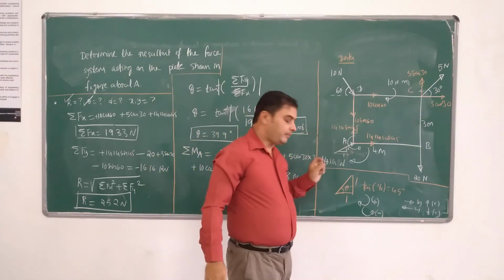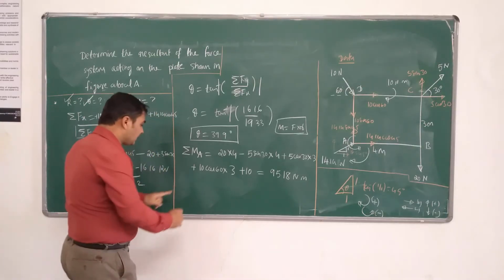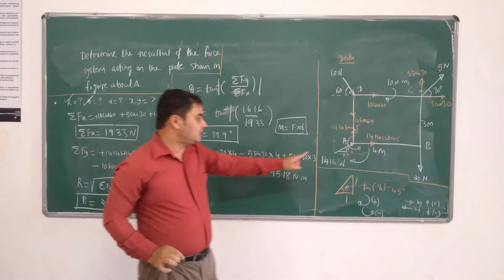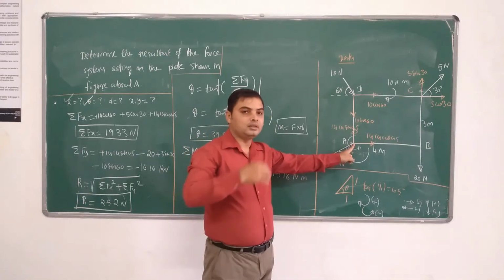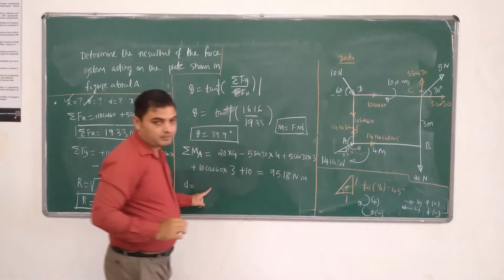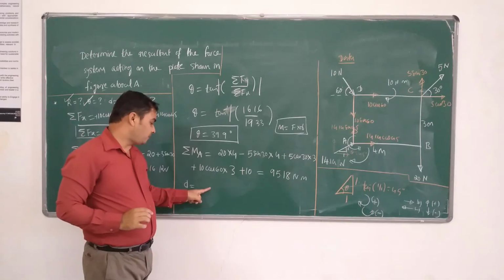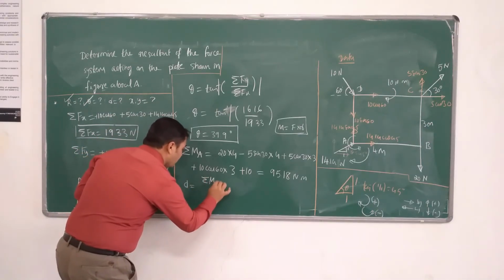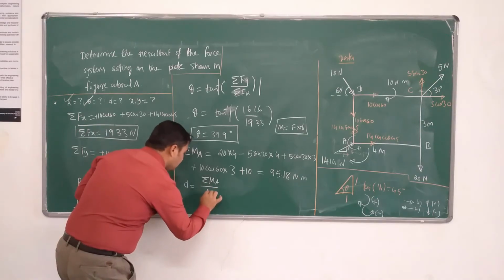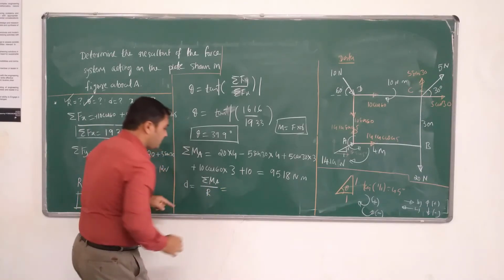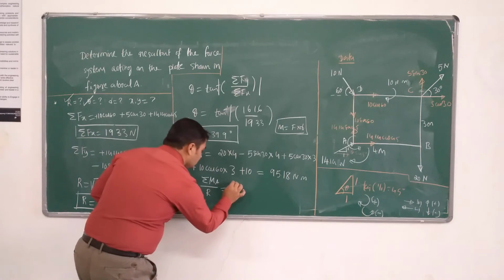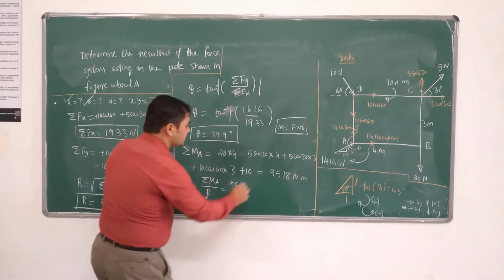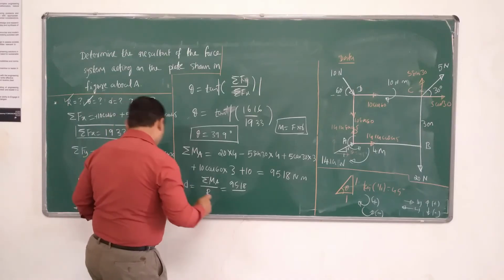Next, calculate D, that is the distance of the resultant force from the point A. That can be calculated by using Varignon's principle of moments. D is equal to the summation of moments about A divided by the resultant force. That is 95.18 divided by the resultant force, which we have already calculated, 25.2.